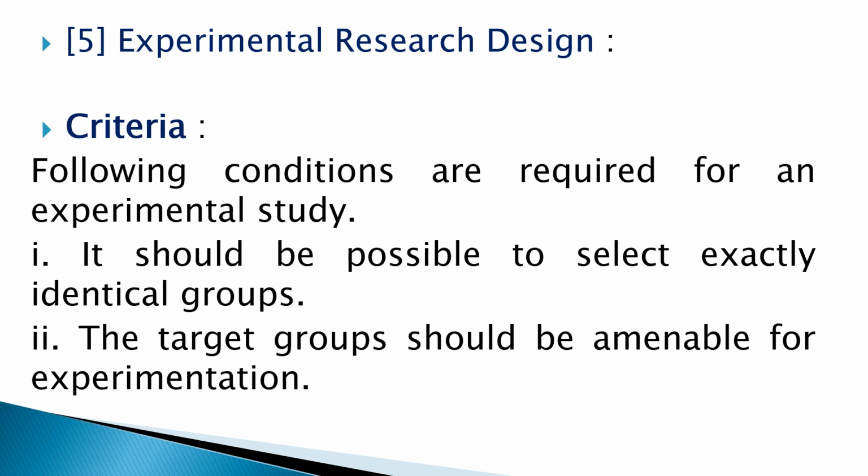Next point is experimental research design. The nature of relationship between independent variables and dependent variables is presumed and stated in the form of a causal hypothesis. A closely controlled procedure is adopted to test them.